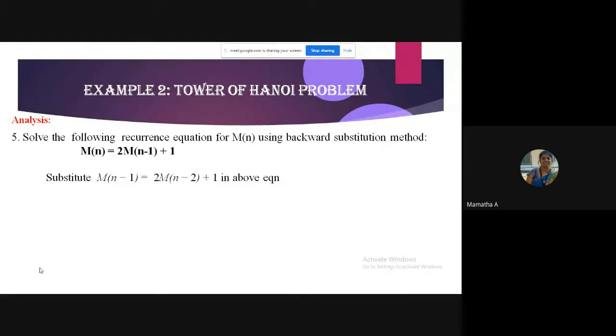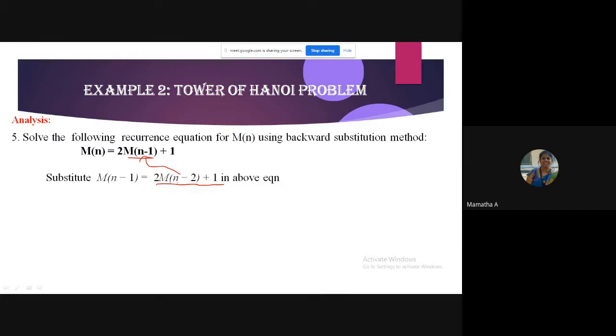M of n equals to... if I substitute the whole thing here, what is my above equation? Ma'am, we'll get 4 into m of n minus 2 plus 3.